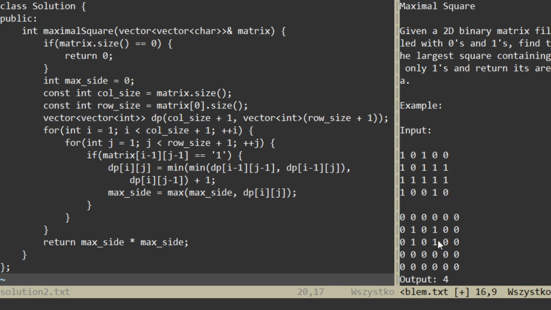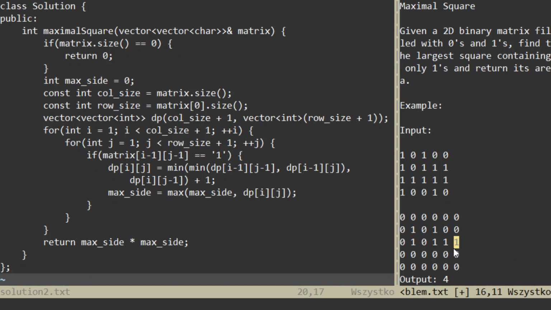And here we are checking this point now. So this point here, the minimum is 0 because it's 1, 1 and 0. The minimum is 0, plus 1, so this will be 1 also. Okay.